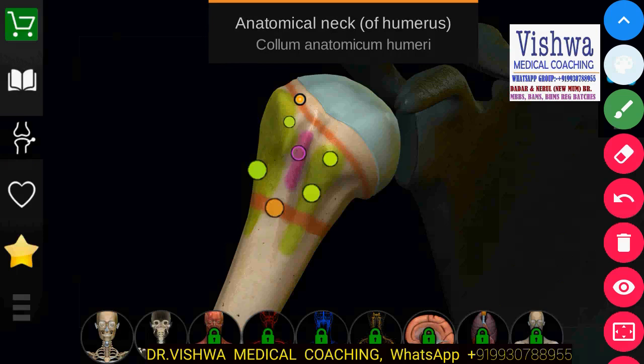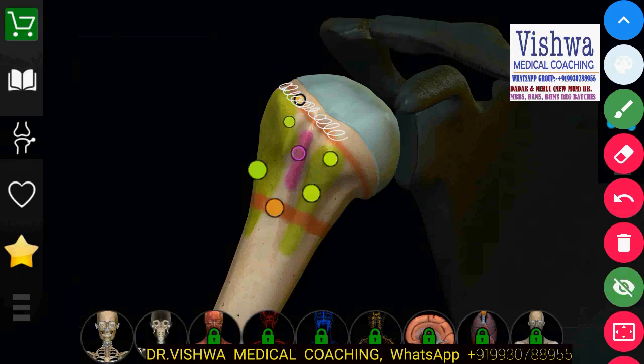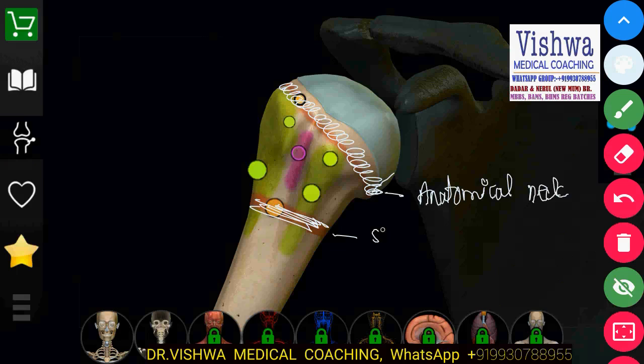The crisscross line I am going to mark is the anatomical neck, and the one I am going to mark with straight lines is the surgical neck.